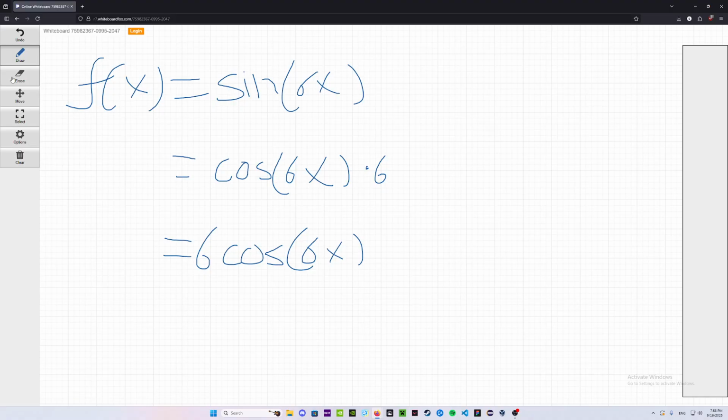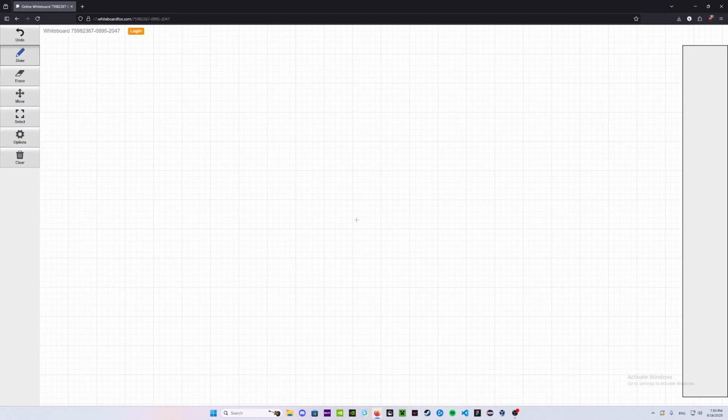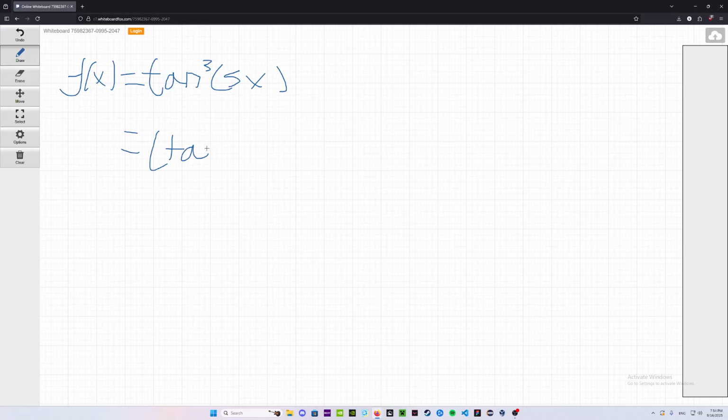Alright, we're going to do 3 more problems because this video is going to be kind of short. So first, because this is actually important, if I have f of x equals tan to the power of 3, 5x. At first this could look a little daunting, but you can rewrite this as tan 5x to the power of 3. Does this look familiar? It's just chain rule.